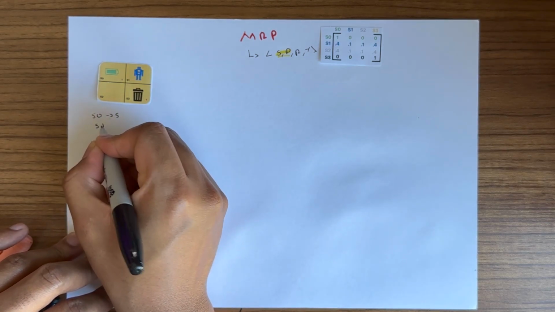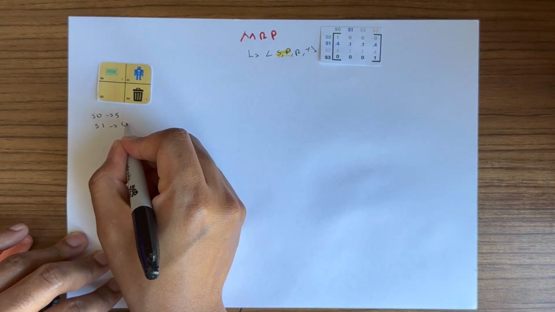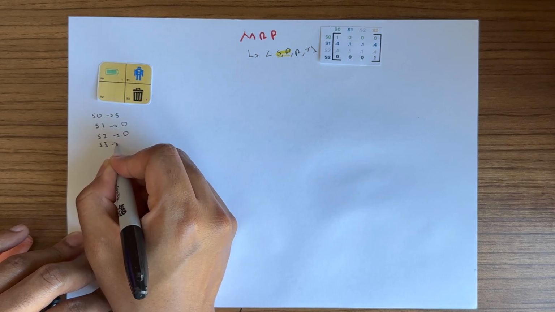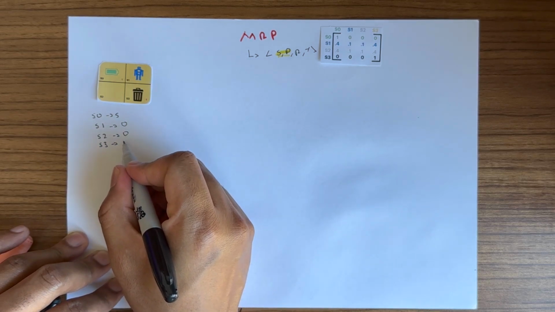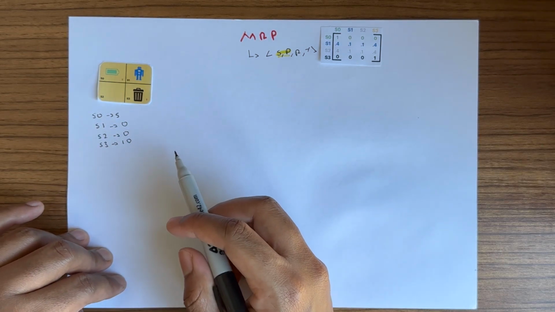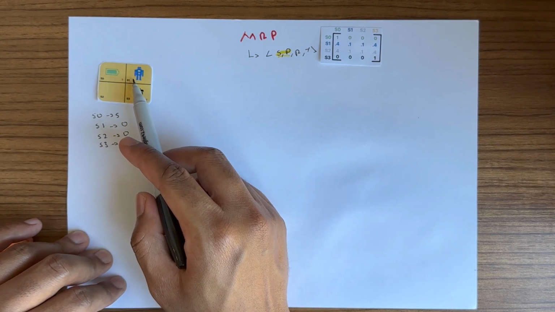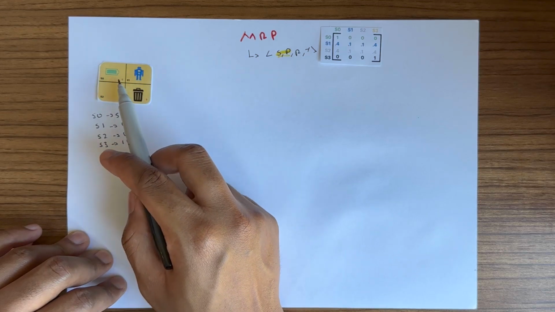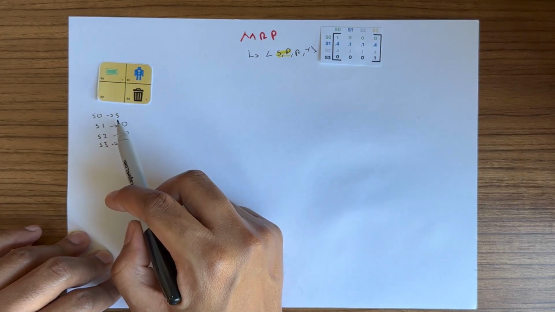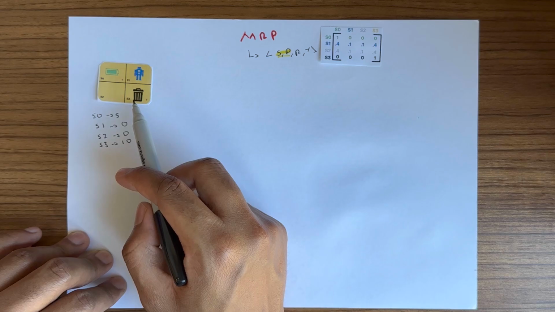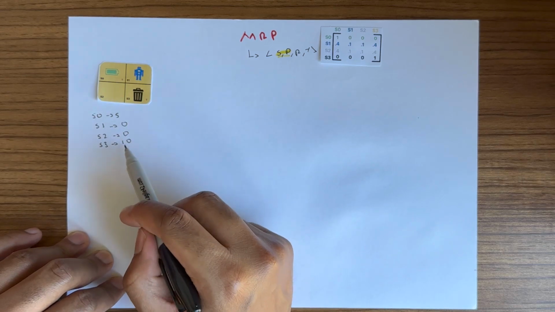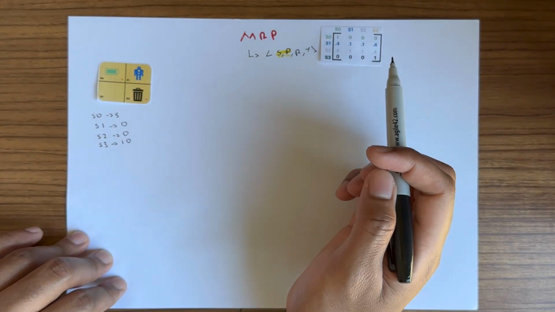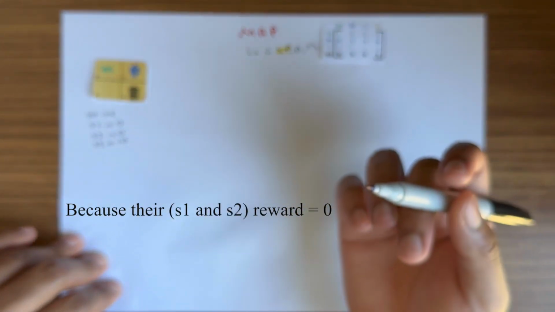Reward of S1 is going to be 0. S2 will be 0 and S3 will be 10. What this means is, when the agent gets to state S0, it's going to receive a reward of 5. When it gets to state S3, it's going to receive a reward of 10. These 2 states do not have any reward. So this is the reward that we are talking about.